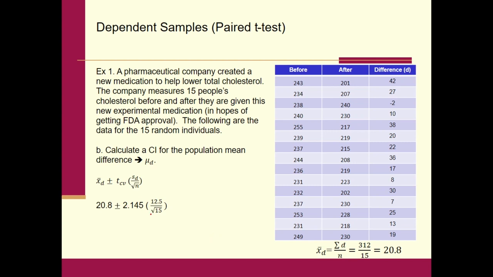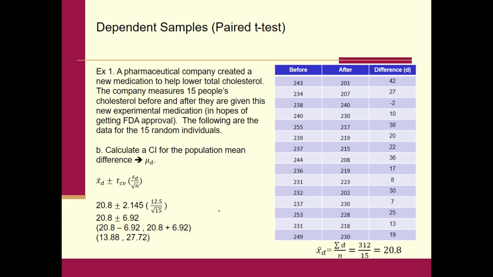This is pretty straightforward when you put it in your calculator: 2.145 times 12.5 divided by the square root of 15. I got a margin of error of 6.92, so 20.8 plus or minus 6.92. We add and subtract the margin of error, and remember, you always do the subtraction first. So I got 13.88 and 27.72 for the confidence interval.